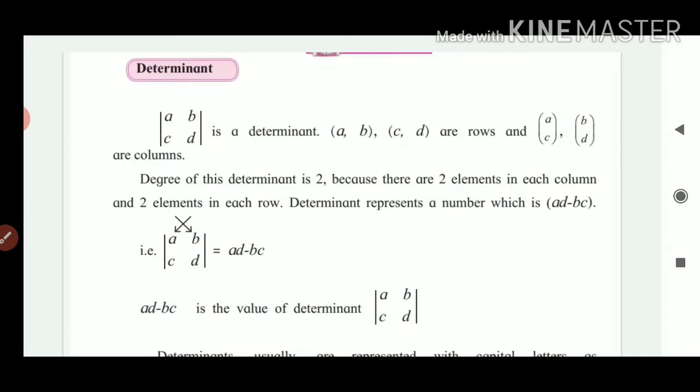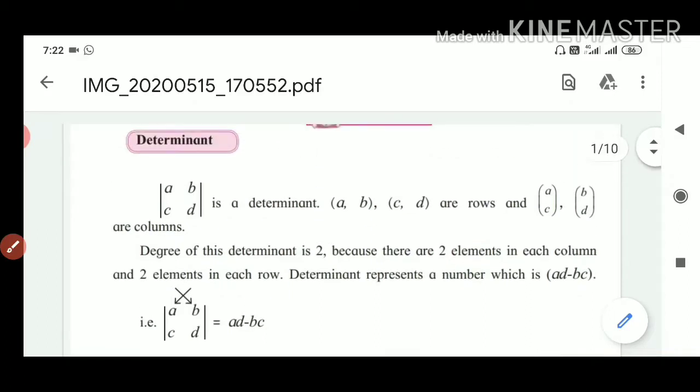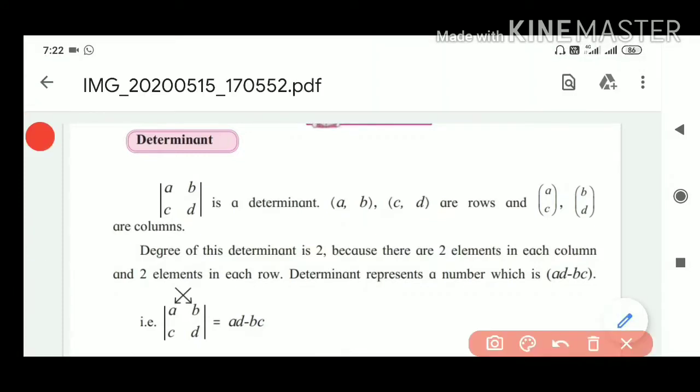Determinant is the arrangement of numbers or elements in two vertical lines. See here, A, B, C, D. This type of arrangement of numbers or elements is called determinant.